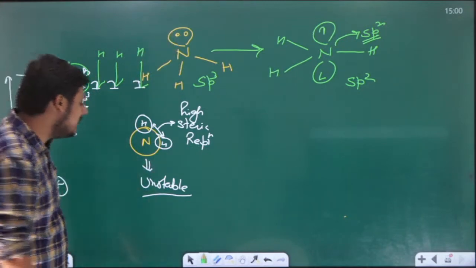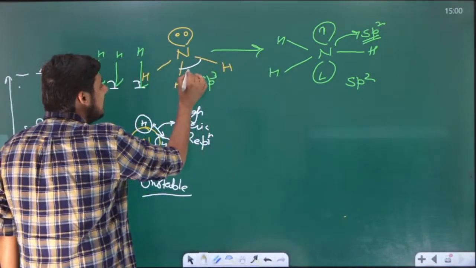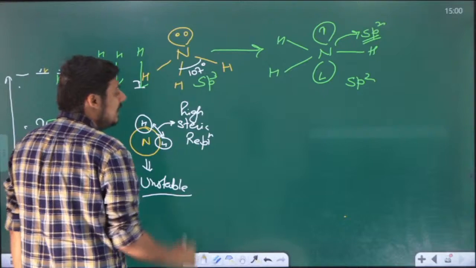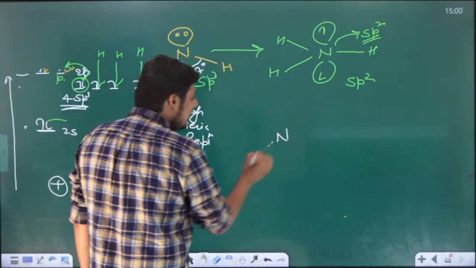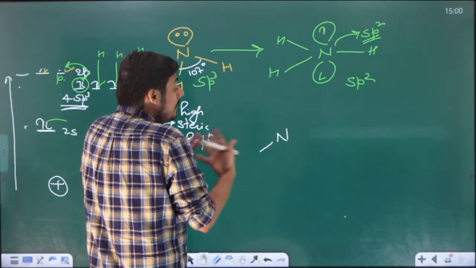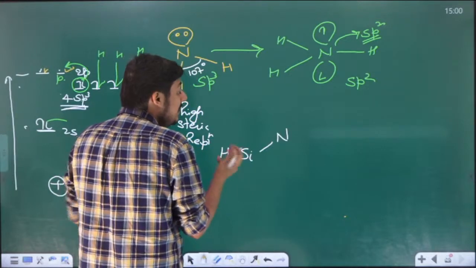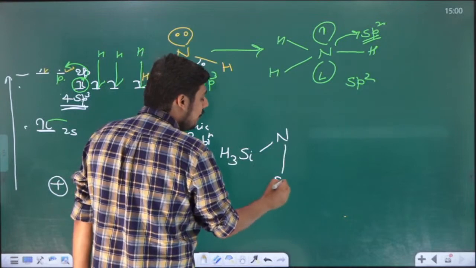Now imagine this particular scenario. In NH3, the angle is around 107 degrees. Now let me replace these hydrogens by some big surrounding atoms such as SiH3, some big surrounding molecule, or you can say group.